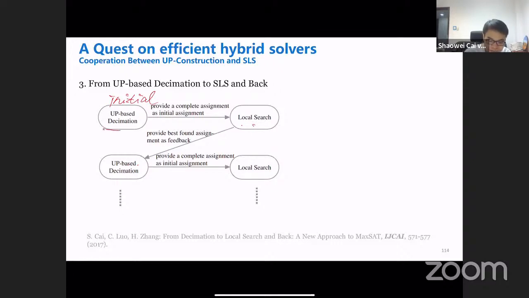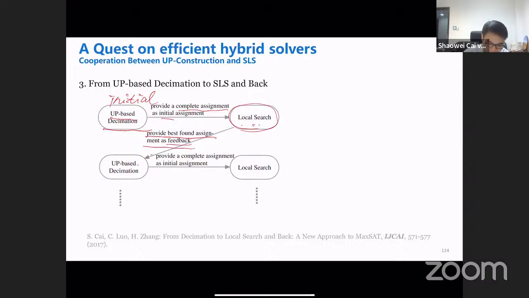In the initialization part, we still use the UP-based algorithm to provide a complete assignment as the initial assignment, and then we do the local search within time limits. After the local search stops and we did not find a solution, we can provide the best found assignment during this search as feedback to the second round.